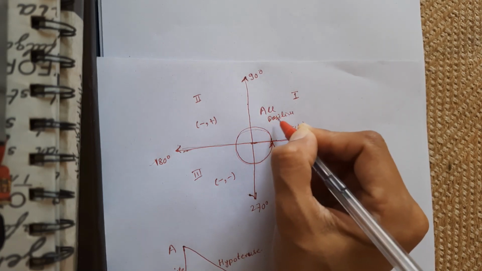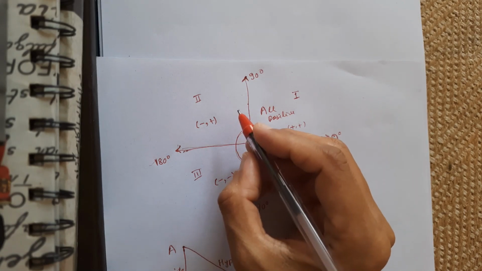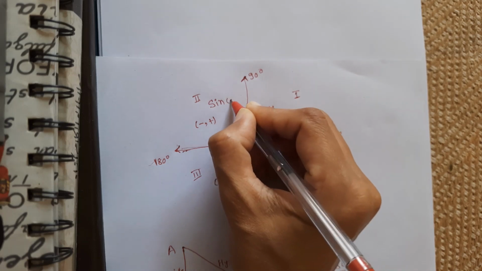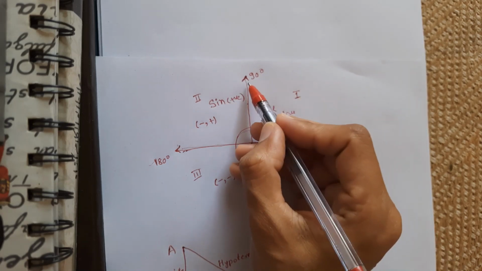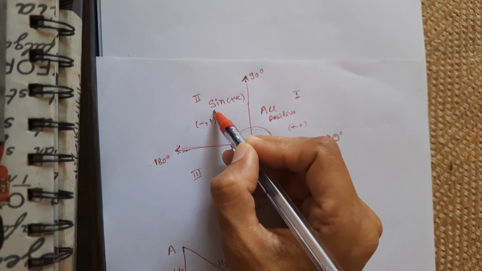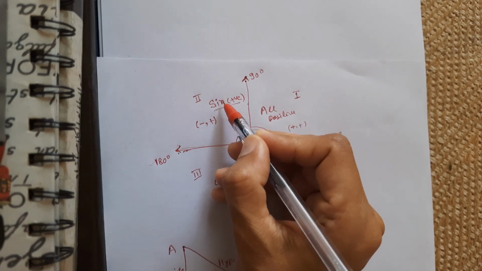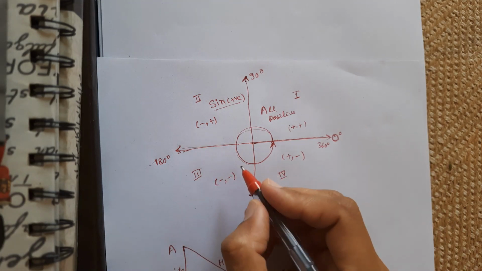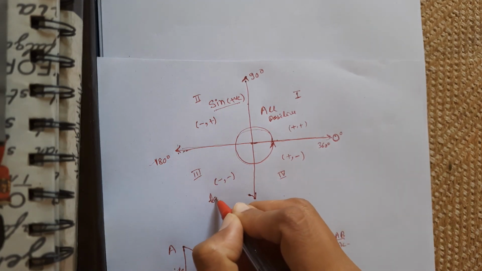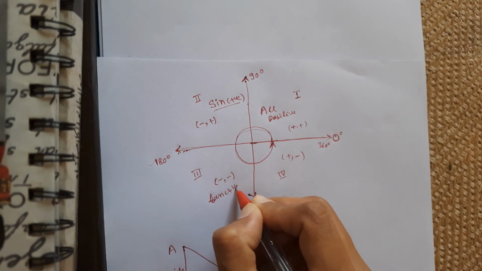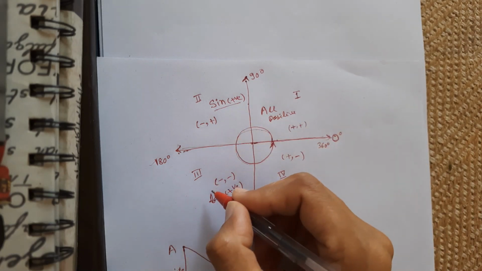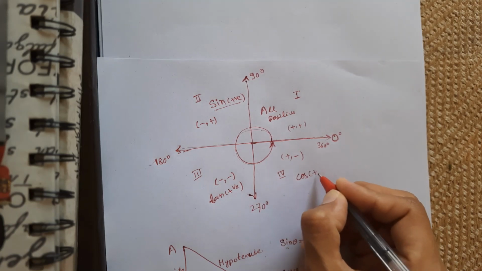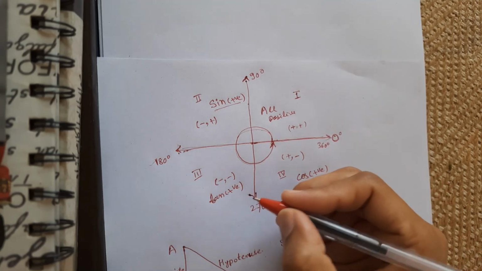In the second quadrant, from 90 to 180, only sine is positive, all others are negative. In the third quadrant, only tan is positive, everything else is negative. And in the fourth quadrant, only cos is positive, everything else is negative.